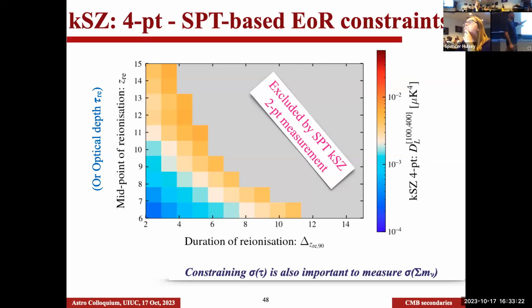But we have to be a little careful about how we use this measurement. We want this measurement to be just the 4-point plus Planck, but we'll see where we are. Basically, I think we can exclude a lot of these regions, and we are going to lie somewhere there. That's our expectation, but we don't know the answer yet. Should be out soon.